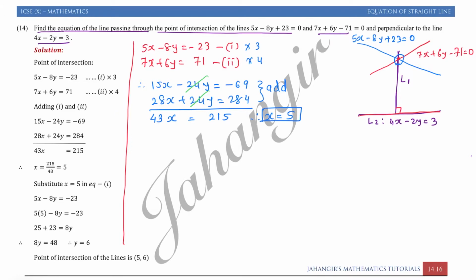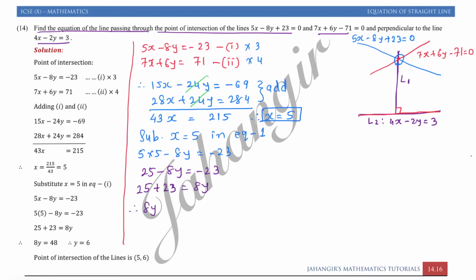Once we get x equal to 5, we will substitute in any equation. Substitute x equal to 5 in equation 1. 5 into 5 minus 8y is equal to minus 23. So 25 minus 8y is equal to minus 23. We can shift 23 to the left side, so 48 is equal to 8y.